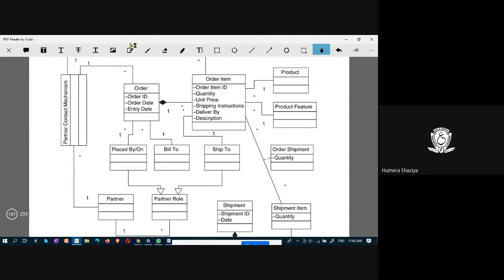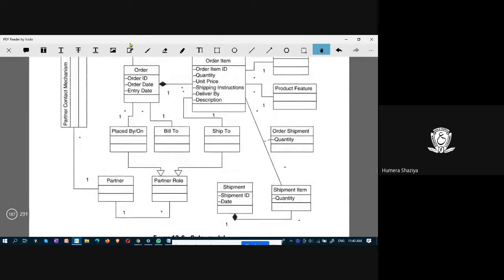Therefore here, this partner role would get customer details from placed by and shipped to, and the supplier, the one who delivers, that one's detail here.